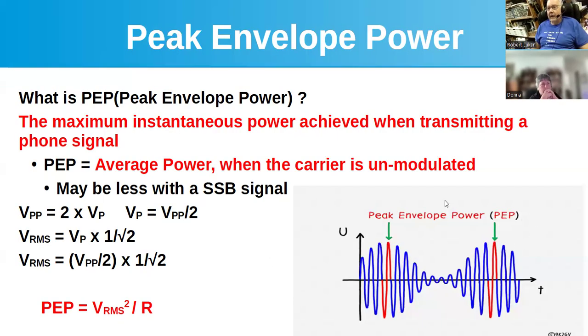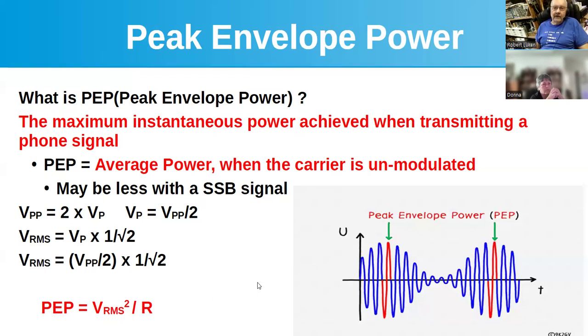And usually, actually the rules don't define the resistance, they just define the power. So in the case of amateur radio, where say you're transmitting into a 50 ohm antenna, if the RMS voltage was 70.7 volts, it would give you 100 watts.